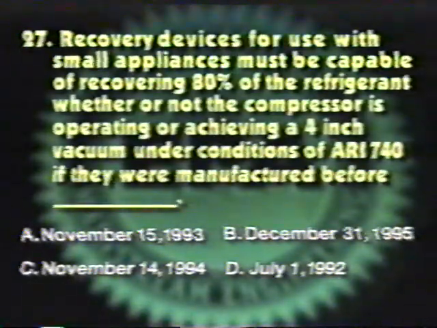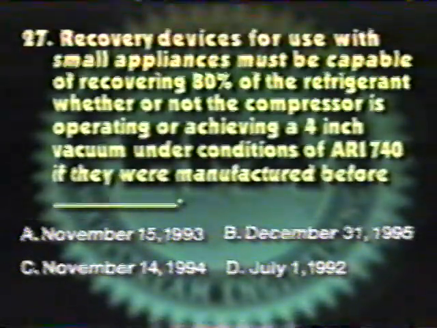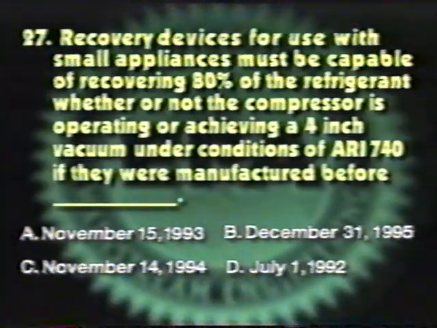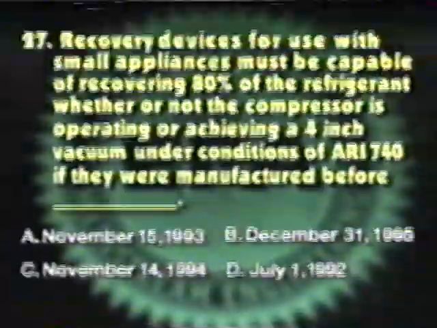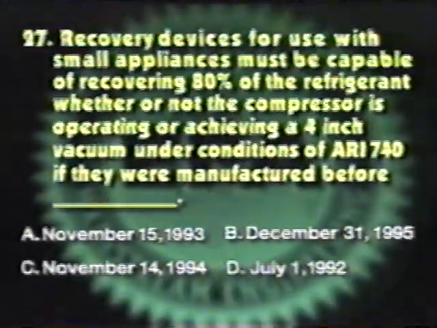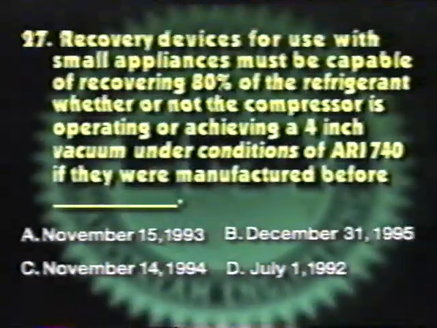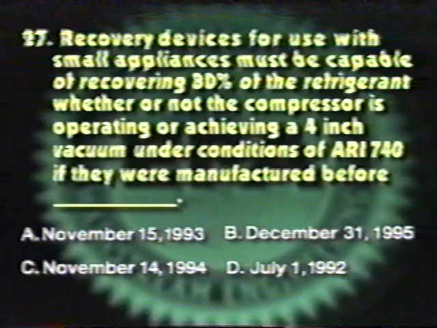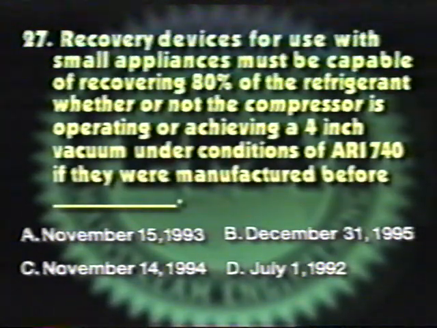Recovery devices for use with small appliances must be capable of recovering 80% of the refrigerant, whether or not the compressor is operating, or achieving a 4-inch vacuum under conditions of ARI 740 if they were manufactured before which of the following dates?